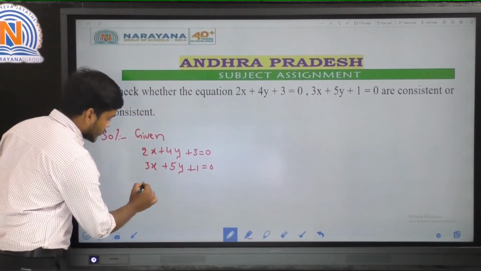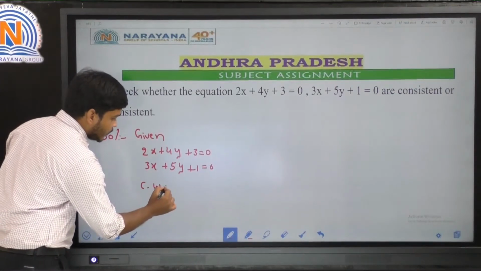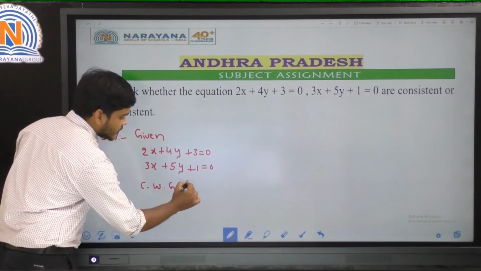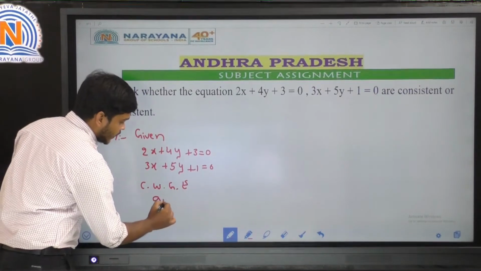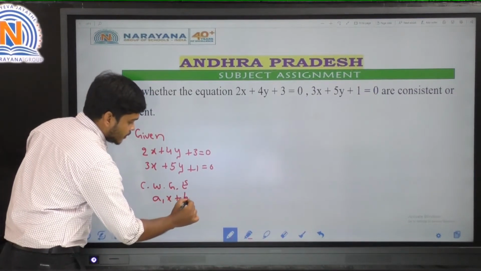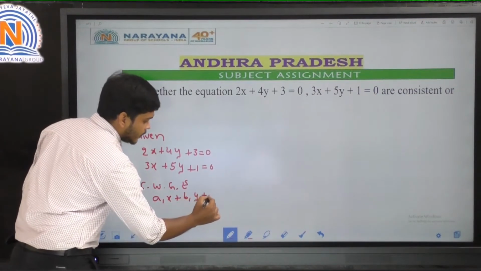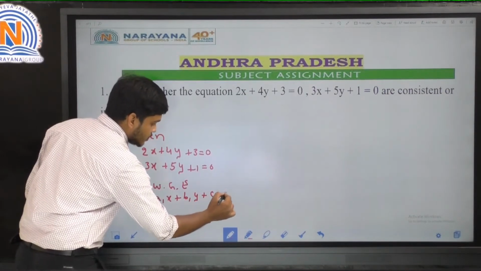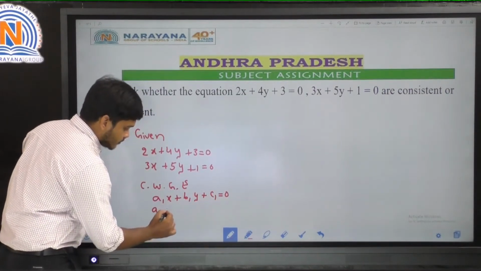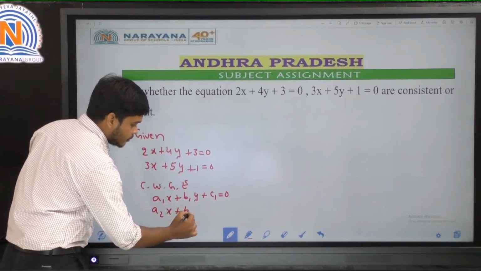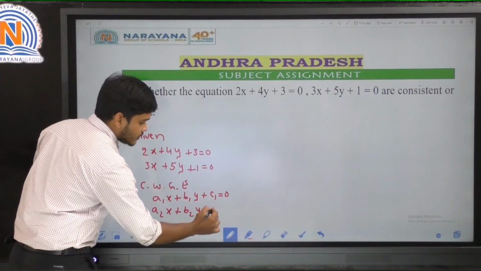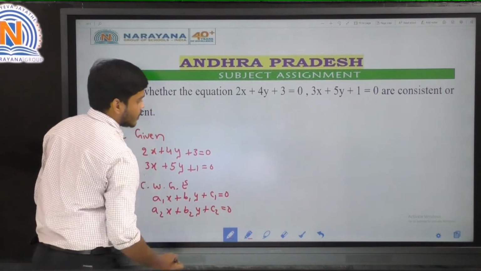Compare with the general equations a1x + b1y + c1 = 0 and a2x + b2y + c2 = 0.